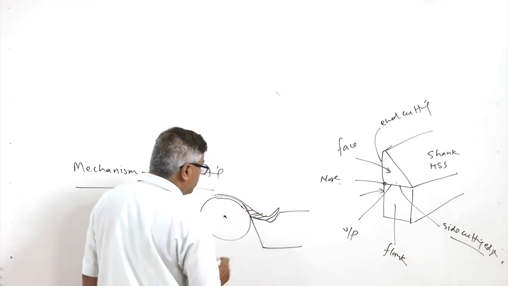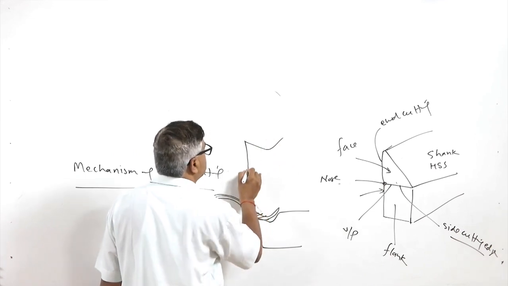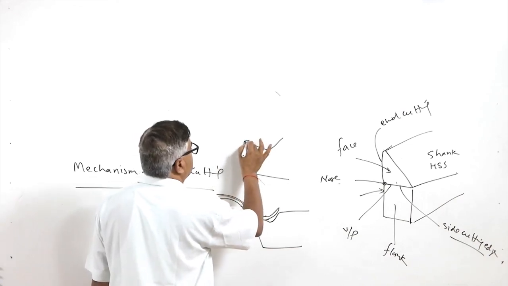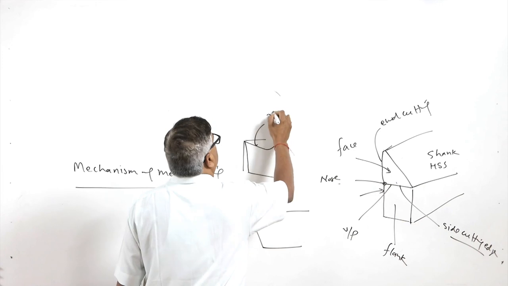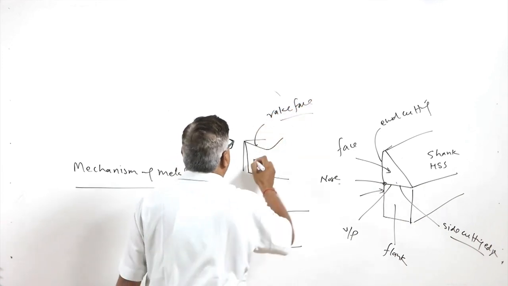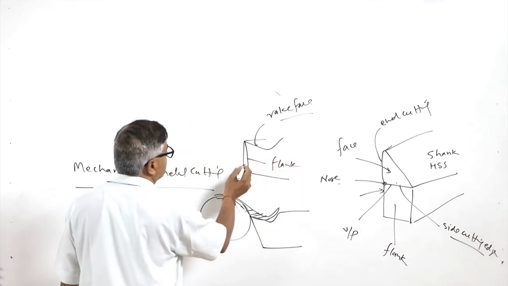If we see the top surface of the tool, this is the rake face or the face of the tool, and this is the flank of the tool. There are two angles.